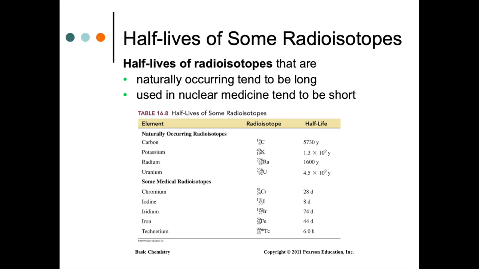We use these really long-lived isotopes for dating, or determining the age of really old artifacts. And carbon-14 is really important in this respect because all living things have carbon in them. So any fossil that came from something that was once living can have its age determined by looking at how much carbon-14 is left in it.